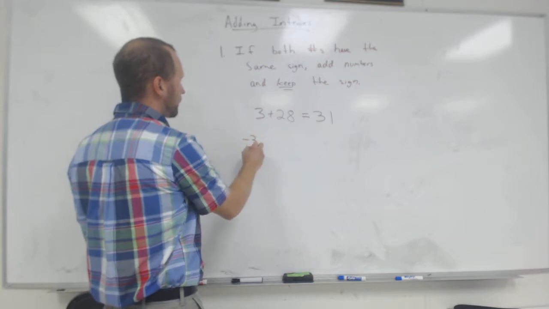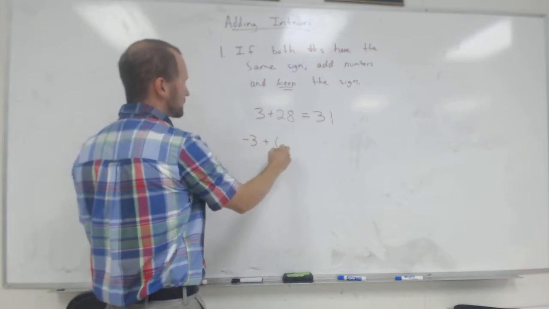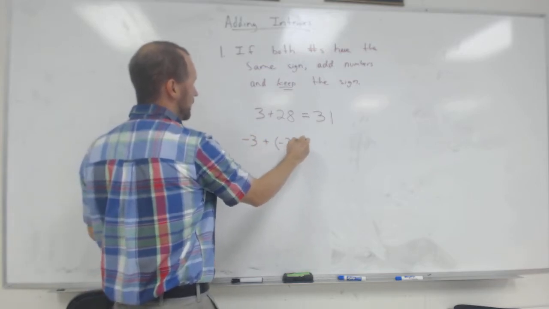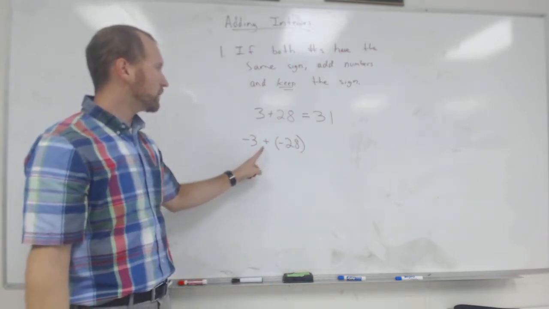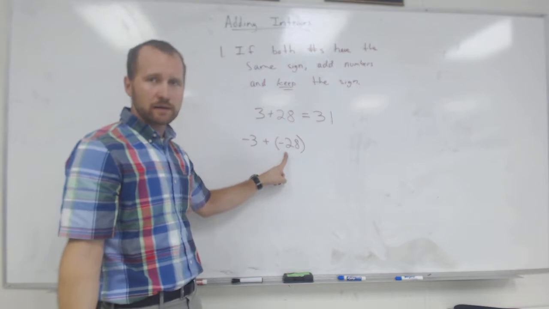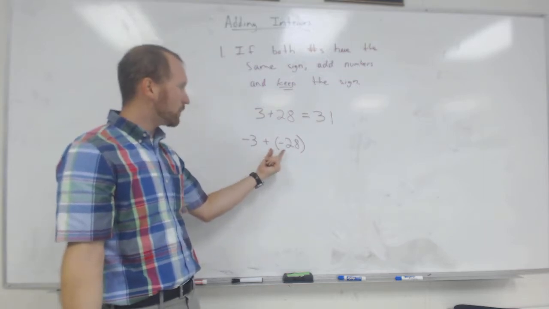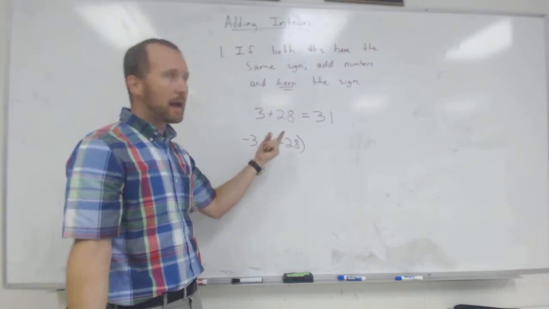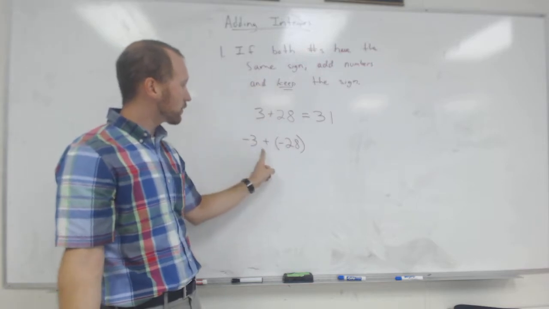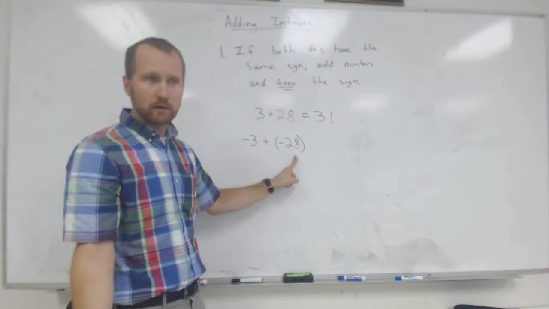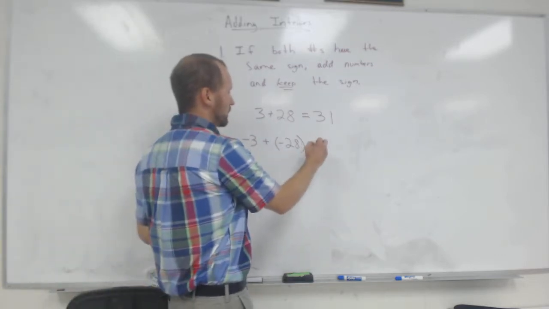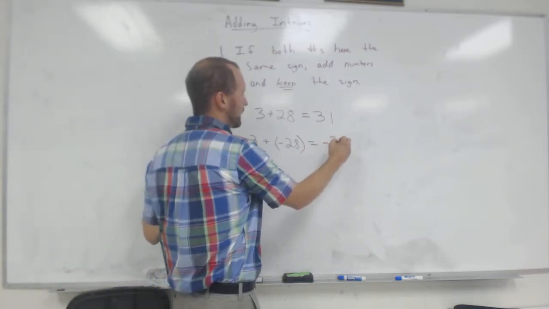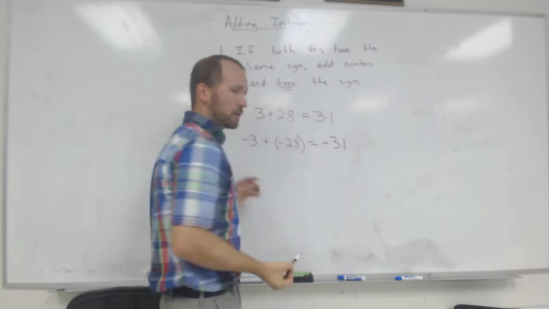If I have negative 3 plus negative 28, they're the same sign. They're both negative. So I'm going to add the numbers together. 3 plus 28 is 31. And I'm going to keep the sign. So negative 3 plus negative 28 would be negative 31.